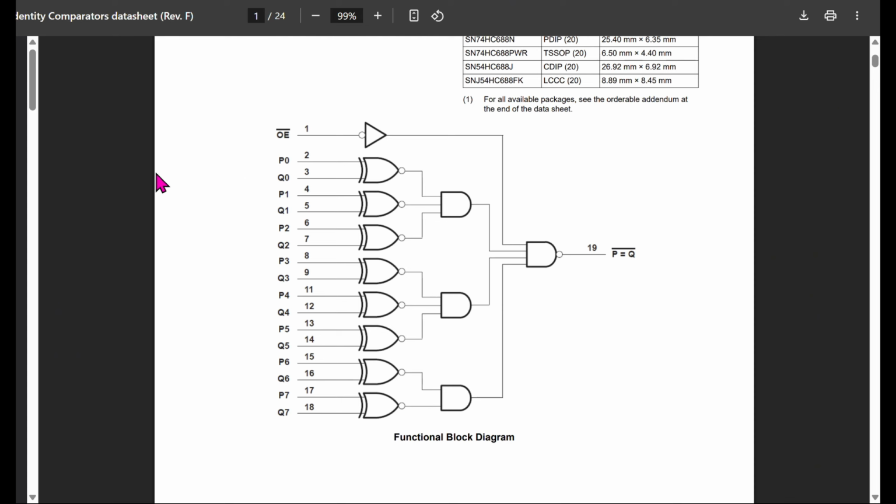What this chip does is it looks at P0, 1, 2 and 3 and it says, are they the same as Q? Are they low, high, high, low? If anything is not the same, it outputs a high. But if they all absolutely line up perfectly, it outputs a low. So in that way, we can use resistors to set a really specific address that we want. And if the computer writes to any other address than the ones that we want, it won't get through.